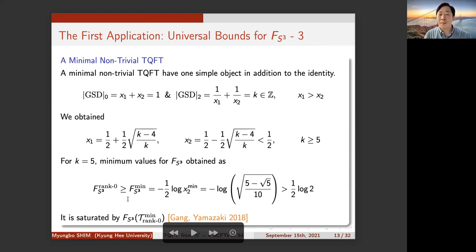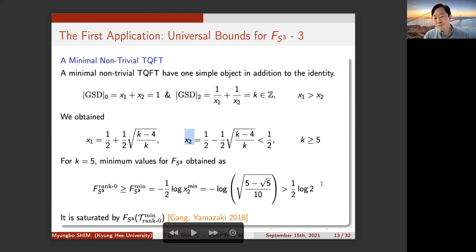And we obtain the smallest three-sphere free energy by substituting the minimum x2 with this value with k equal to 5. This gives minus log of root 5 minus root 5 over 10.